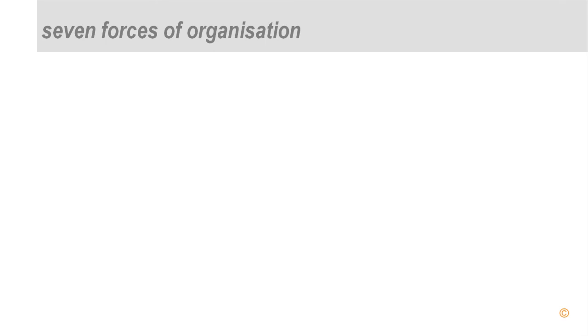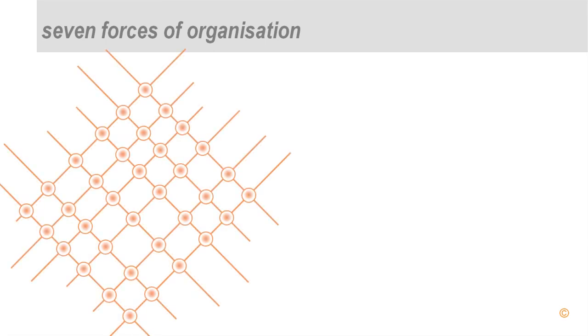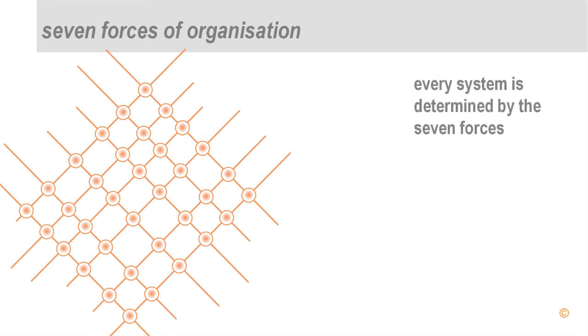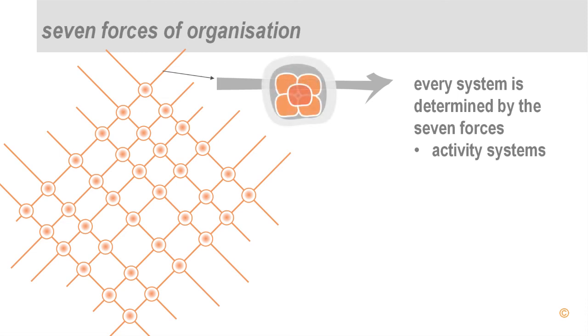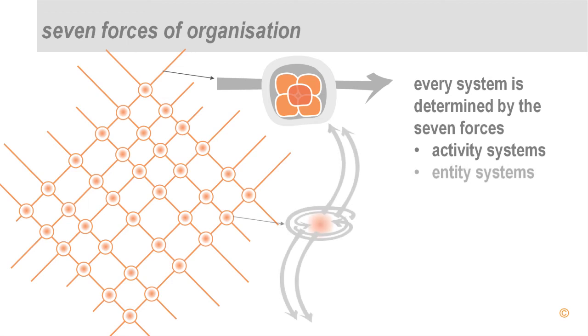If we look at the biomatrix and the systems within the biomatrix, then every system is organized by the 7 forces. Activity systems are determined by the 7 forces of organization, and entity systems are organized according to the 7 forces of organization.